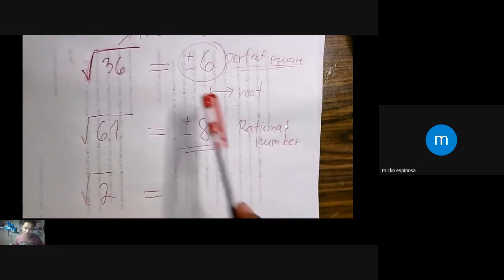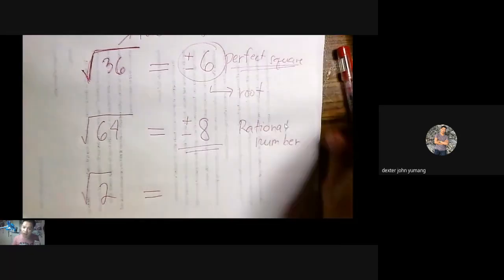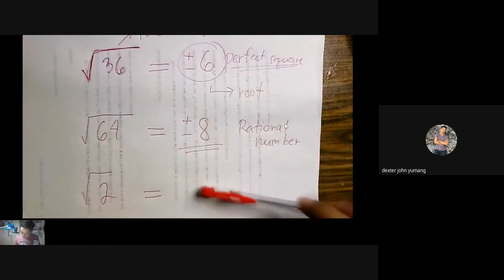Wala. Meron lang 1 times 2, pero ang 1 and 2 are not the same. Kailangan pareho. Tulad ditong 8 times 8, 64. 6 times 6, 36. Pagdating dito, wala. Kung 2 times 2, magiging 4. Mali siya. So, kunin nyo yung calculator ninyo.